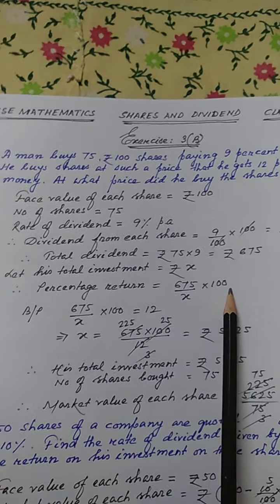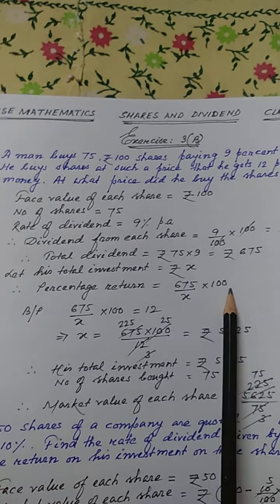Solving it, it's coming 10%. So we are getting total investment equal to 9,600, his total income from the shares rupees 960, and the percentage return on his money 10%.